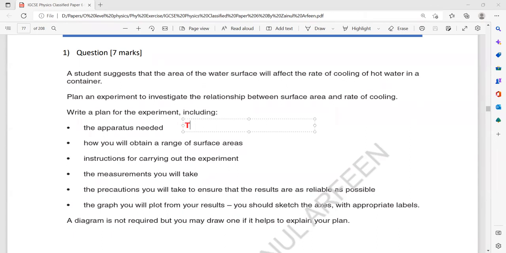So we need a thermometer. And whenever something is related to rate, it means we need a timer or a stopwatch. We need a measuring cylinder to measure the amount of water which we use for this experiment.